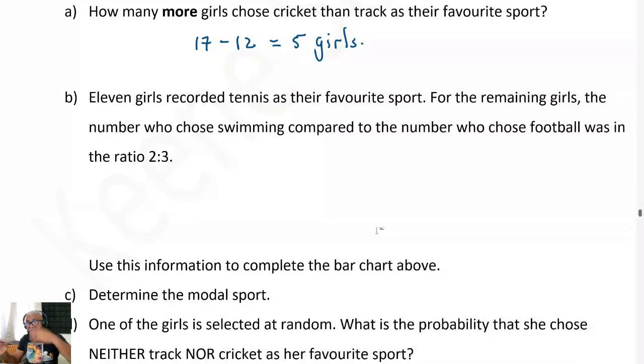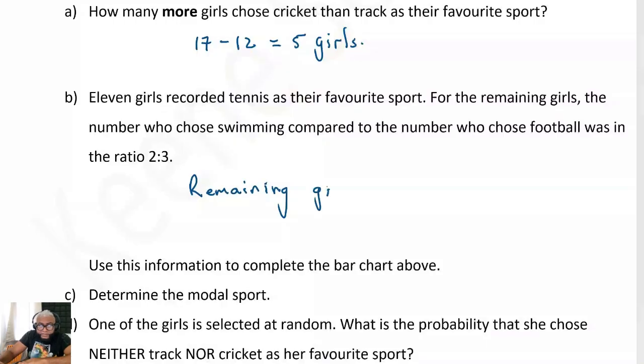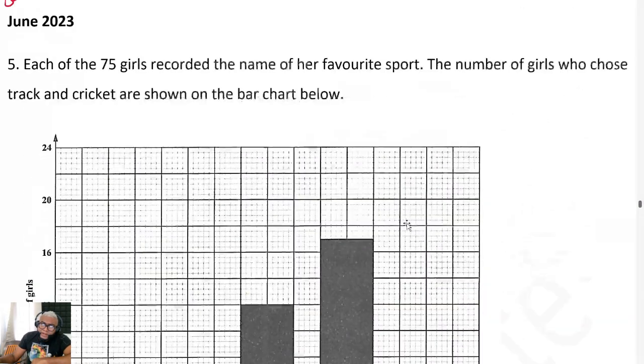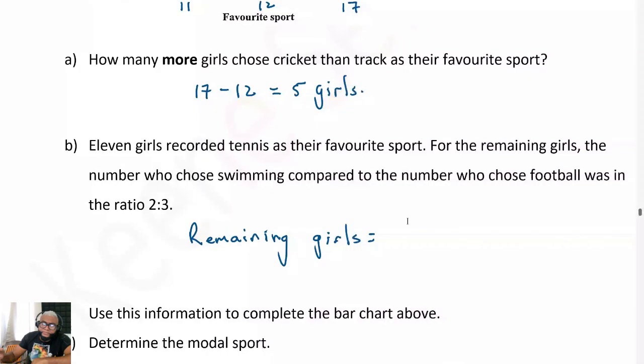So the first thing I need to find is how many girls we have remaining, right? So I'm going to call it remaining girls. How would I calculate the remaining girls here? You would have to add up the tennis, track, and cricket, and subtract it from the total, which is 75.